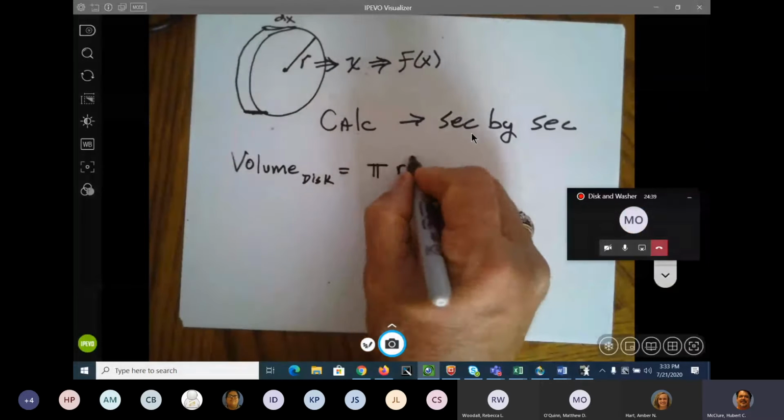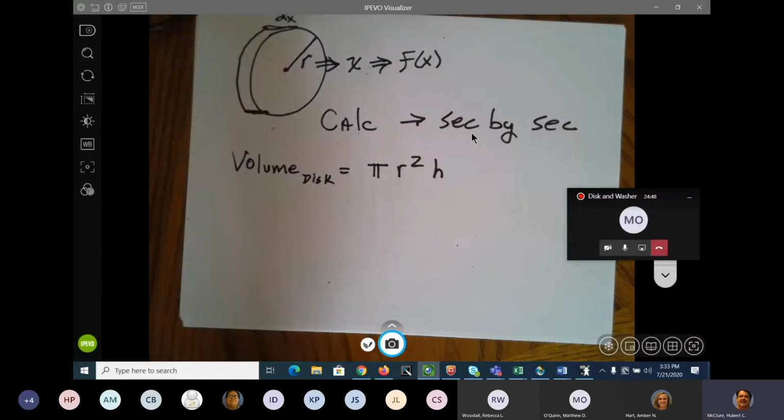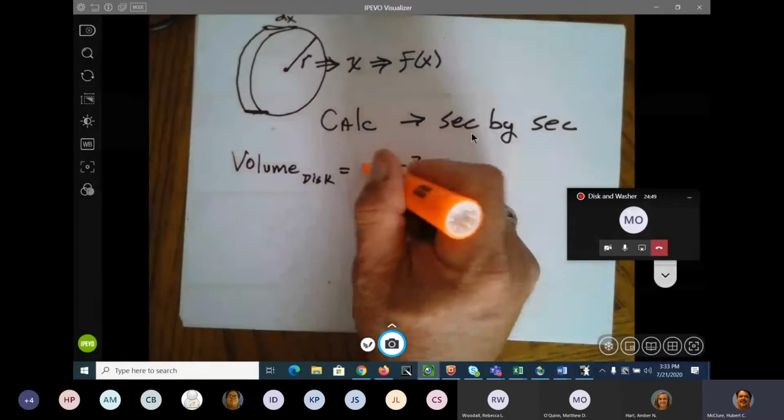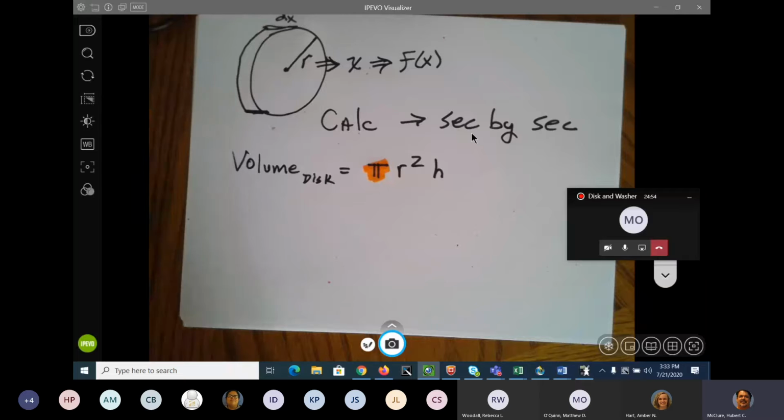Now, from here on out in your calculus, that pi is going to be in just about all your problems, because that is the circular motion. Your f of x is going to be your r.